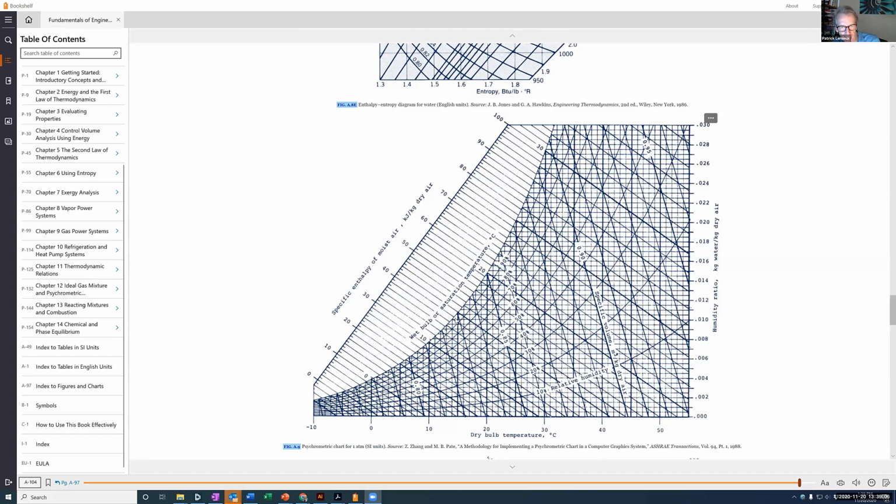So why don't we just mark that down just for giggles since we're there. That's 10, that's 20. So 1, 2, 3, 4, 5, 6, 7, 8, 9. These are funny lines there. 1, 2, 3, 4, 5, 6, 7, 8, 9, 10. So these ones are the lines of constant dry bulb and wet bulb.